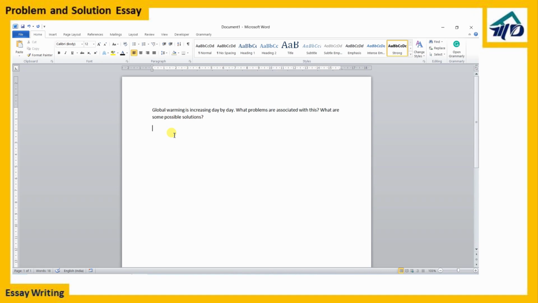Heat radiations do not escape from our atmosphere, they get trapped, and because of that our temperature rises. That is global warming.